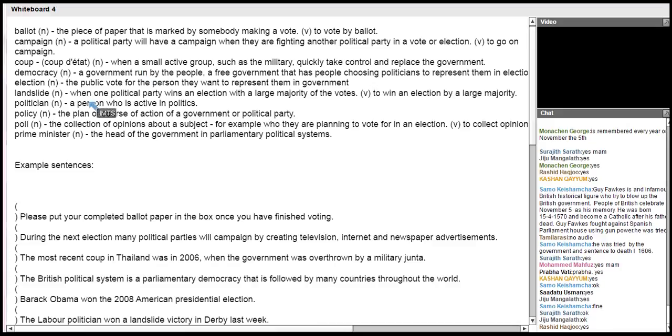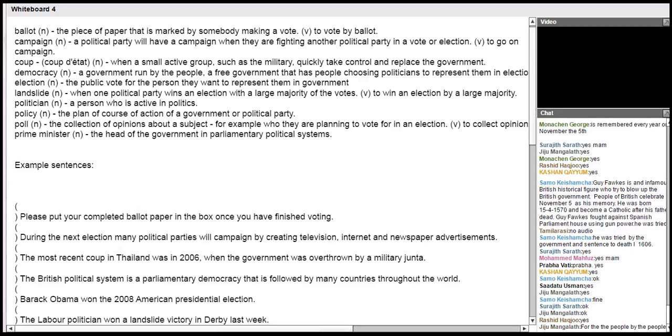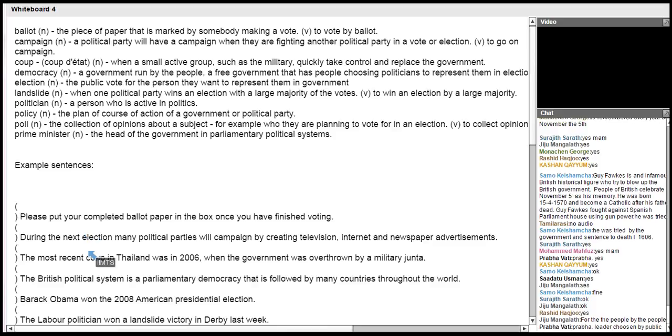Fine. Now, democracy. A government run by the people, a free government that people have chosen. Democracy means government for the people, by the people, right? What is the definition of democracy? Can you please enlighten me on that? Something is missing in that definition.